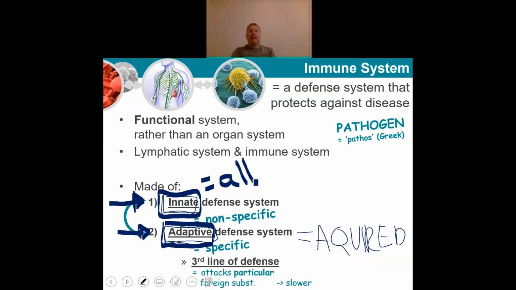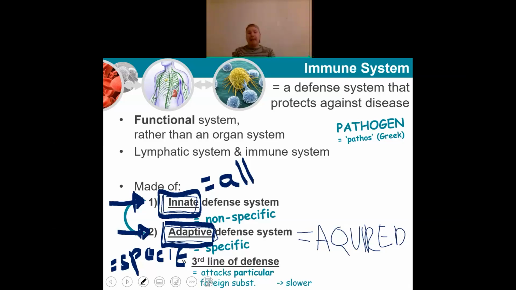So it is not specific. It deals with any kind of invader that shouldn't be in your body. Adaptive immunity instead is specific, so it deals with only certain kinds of pathogens. So innate deals with anything at all, whereas adaptive deals with only particular kinds.